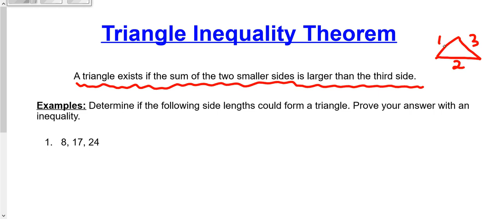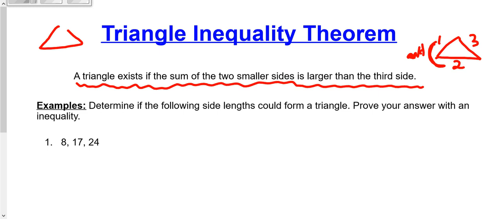If it is a triangle, when you add 2 of the sides together, they should be bigger than the third side. If they're not, then you have a triangle that doesn't meet all the way. That means you're going to have a third side that's longer than the 2 sides added together. So that's the concept of triangle inequality.